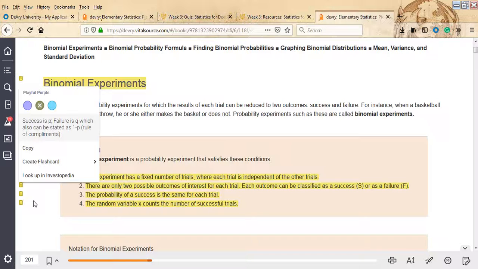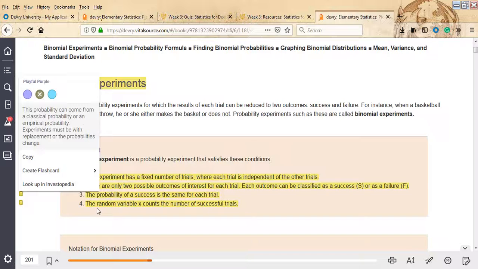So if the possible outcomes that are success are P, 100% minus that amount is going to be Q, which is the failure. This is the rule of complements that we've talked about before, and we'll be using that particular rule quite a bit.